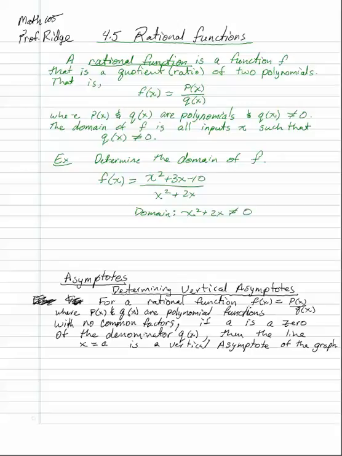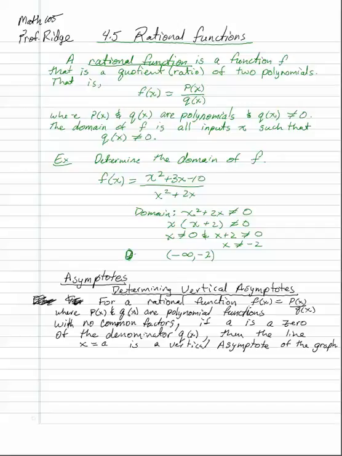We solve this by factoring out the x, giving x times x plus 2. So x cannot equal 0, and x plus 2 cannot equal 0. We solve that one by subtracting 2, so that would be negative 2.